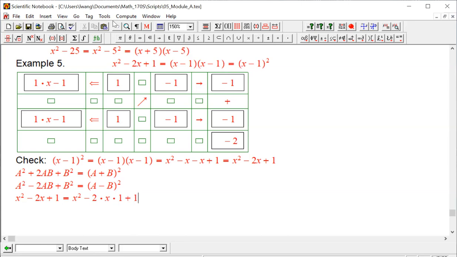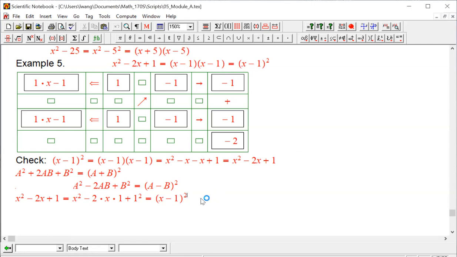And plus 1 squared, right? You can see if you put the formula, like a is x and b is 1. So you get to use a special formula to factor.